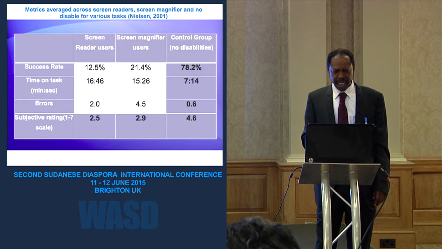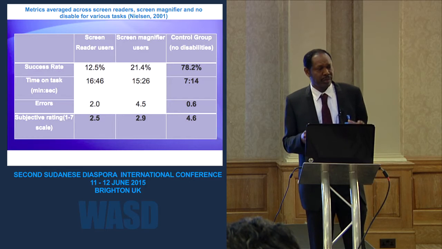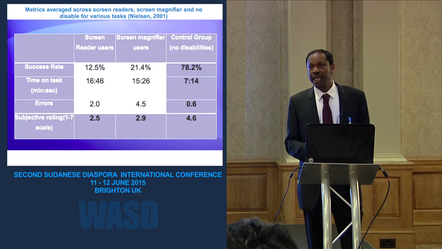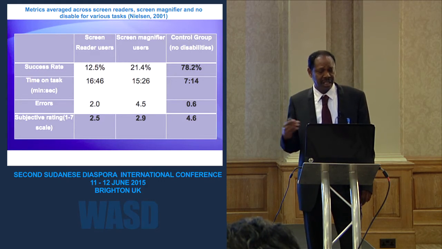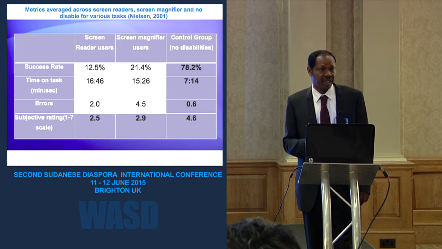And also the time on task, in minutes and seconds. So disabled or visually impaired people, when they use a screen reader, it takes a long time. Even if they can finish the task, it takes more time than people with no disability, and also for people using a screen magnifier.